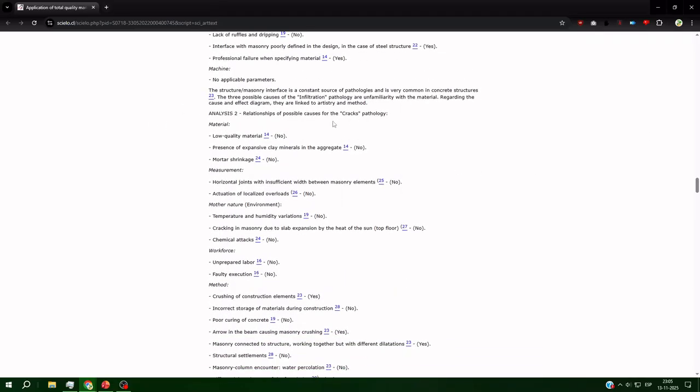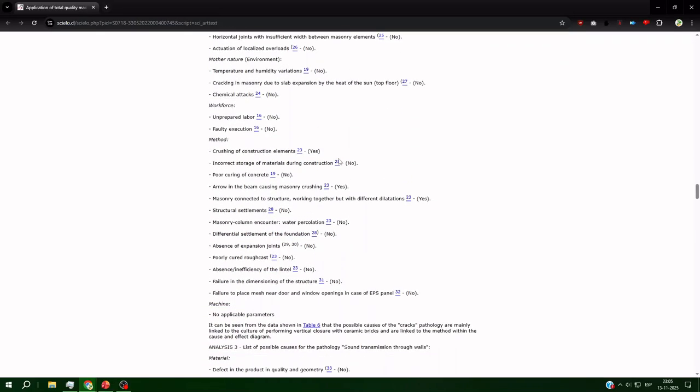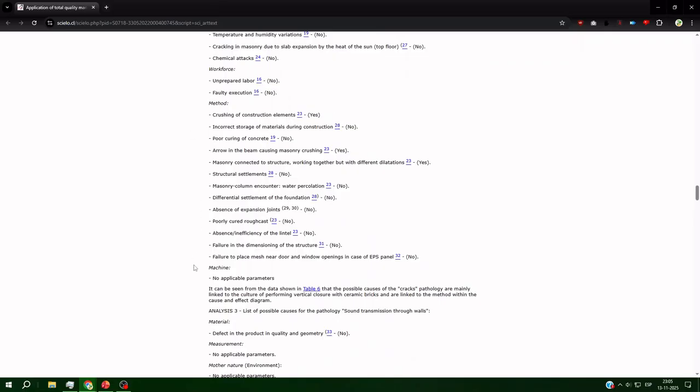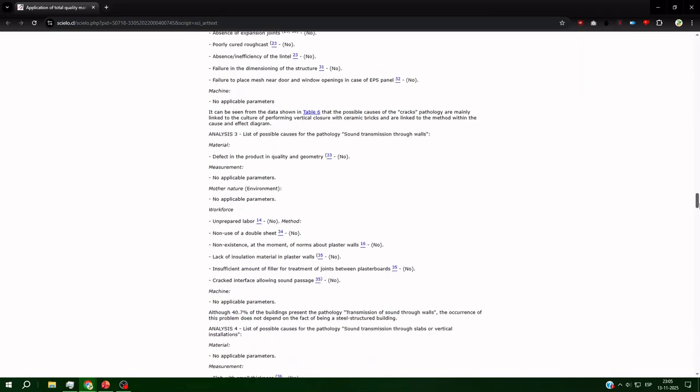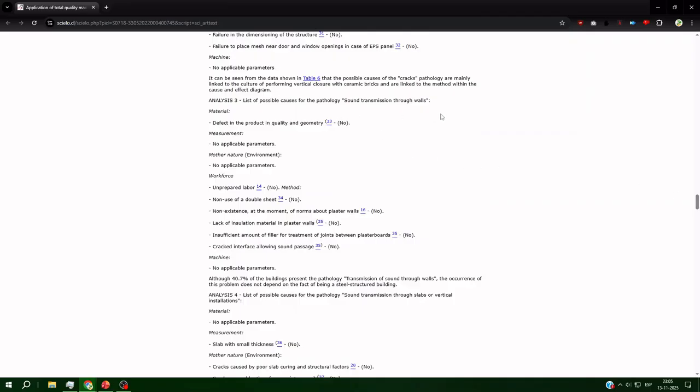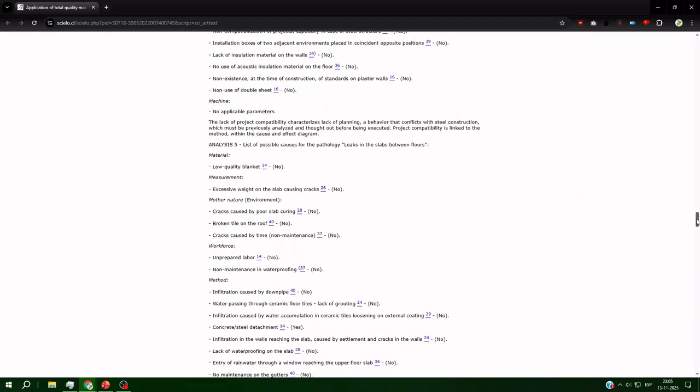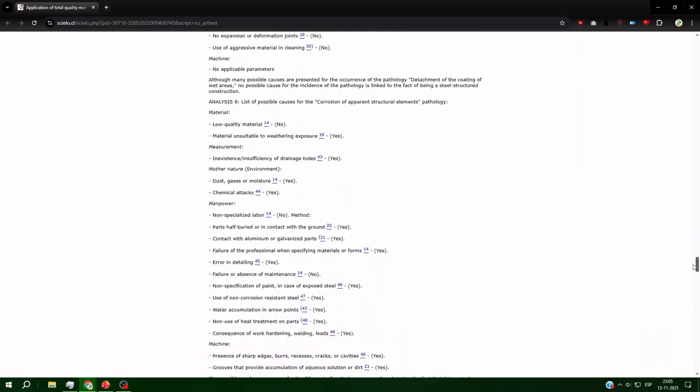Another issue, cracks in the closures, the causes come exclusively from the method used, with a great variety of possible causes listed, but only three being the ones affecting it. The issue below, sound transmission through walls, had no causes in any of the 6M's influencing the issue, meaning that the problem has nothing to do with the steel structure. And so on until we finish with all the pathologies.